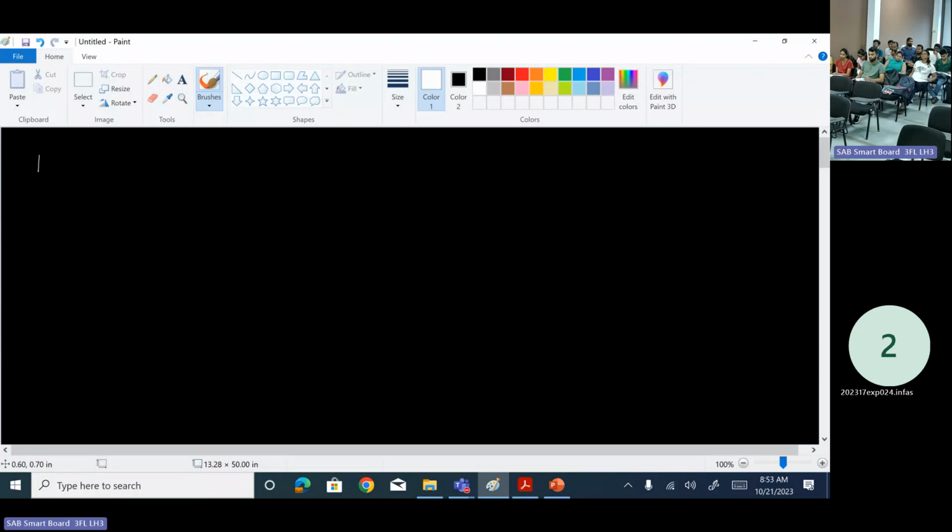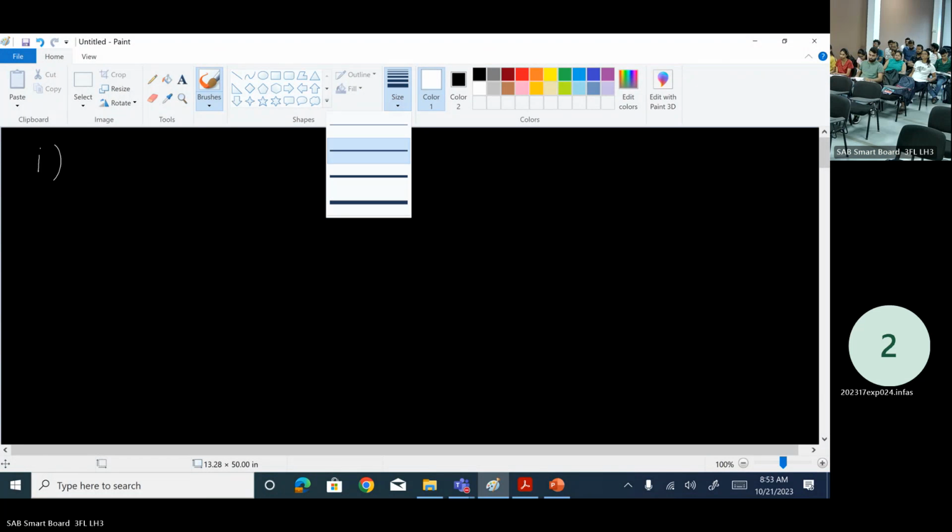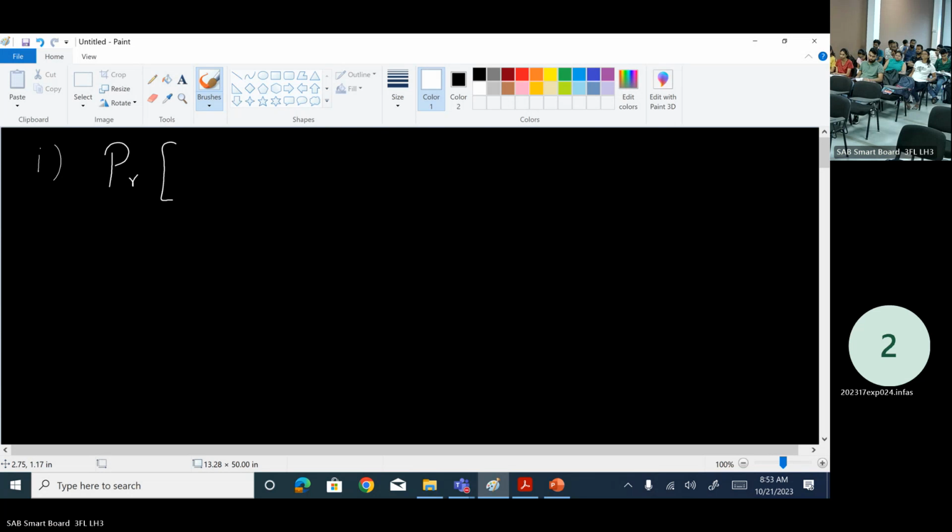So first one, probability 2 less than X less than 3, where X follows normal.